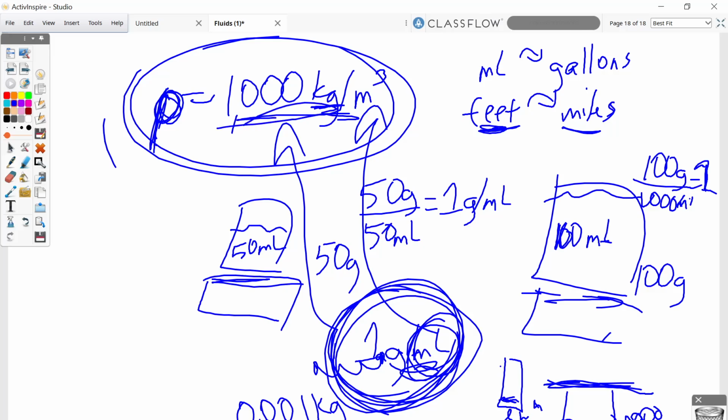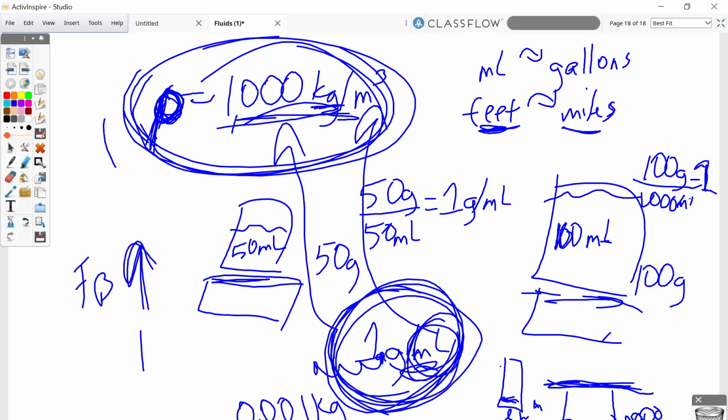So just a quick review of what we learned. Density is, again, mass divided by volume. Density of water is 1,000 kilogram meter cubed. You always use that for rho, which is the P looking thing. Water has a buoyant force. Water likes to push stuff up. Gravity likes to push stuff down. Depending on which one of these is greater will determine if the object floats or sinks.